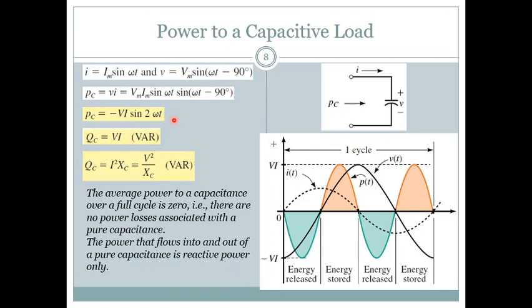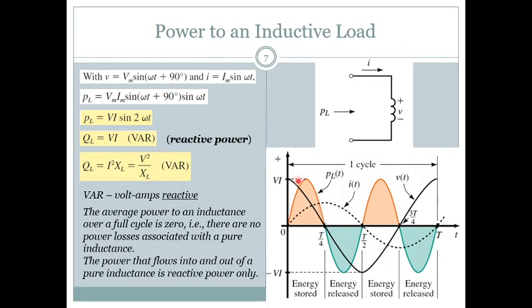It is similar, except that it is exactly the opposite direction, right? As you can see, inverted. So again, this is reactive power. So VAR, right? VI is reactive power, volt ampere reactive. Now as you can see here, this is negative and this is positive.